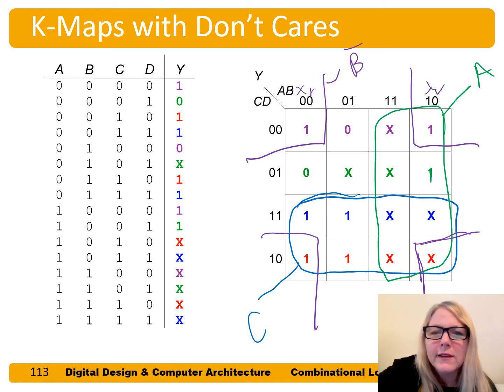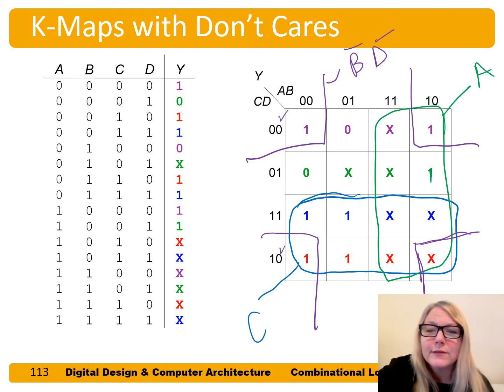Both forms of A are in the circle, so we don't include that. Both forms of C are in the circle, so we don't include C, but we do include D bar. So we get B bar and D bar. Only the complement form of D is in that circle. And so by using don't cares, we expand our circles around our ones to be as large as possible.